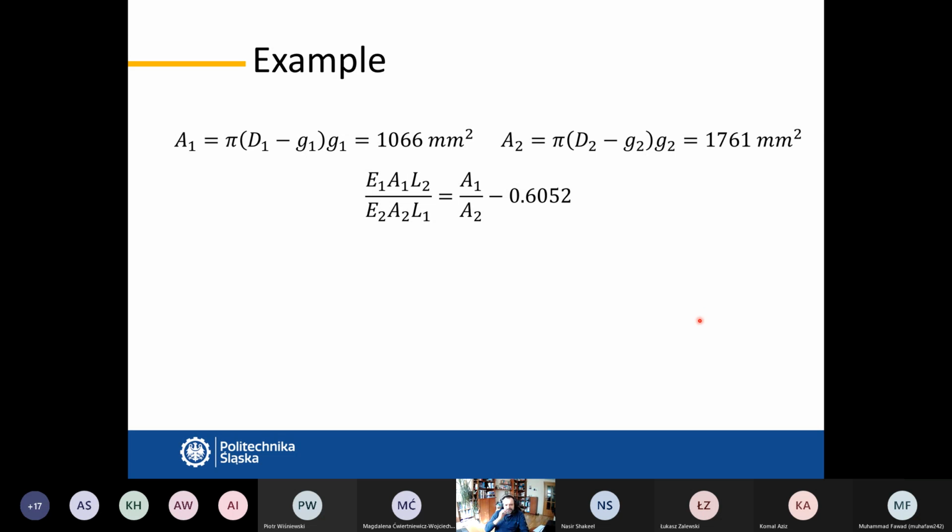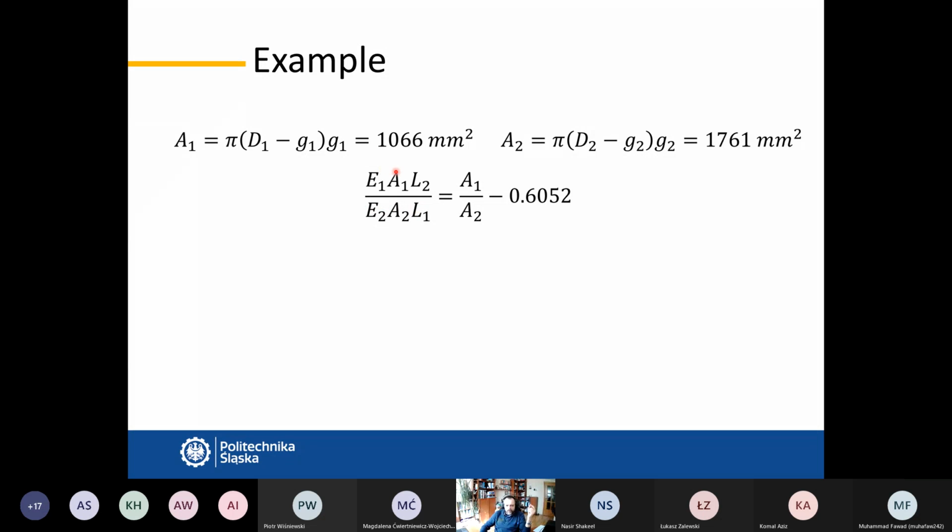So we need some geometry data. We have A1, the cross-sectional area of pipe number 1, and pipe number 2. There are such factors as I told you in the formulas: E1, A1, L2, E2, A2, L1.